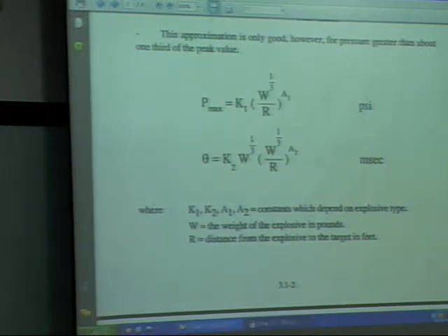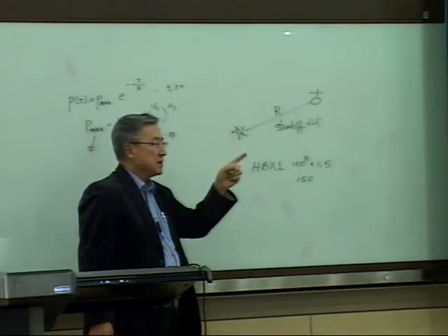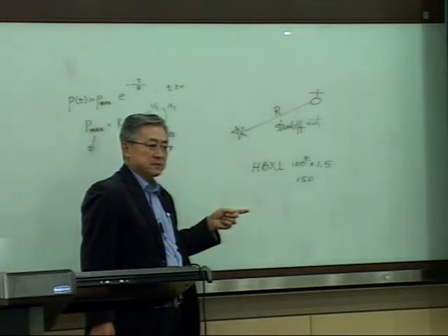P max is in pounds. It's a unit dependent relationship. And K1, A1 are charge type dependent parameters. I just listed a few very popular explosives in the back, next page maybe, or a couple pages after.